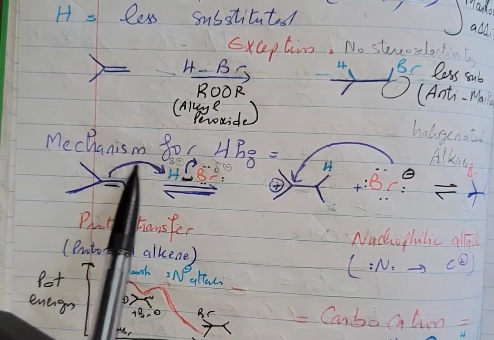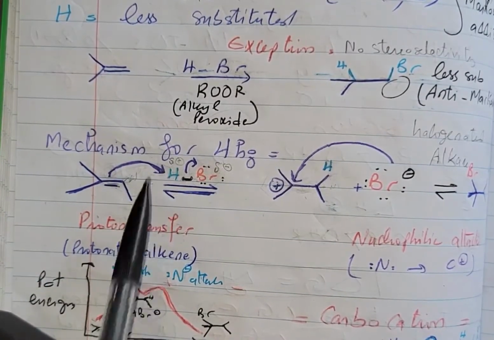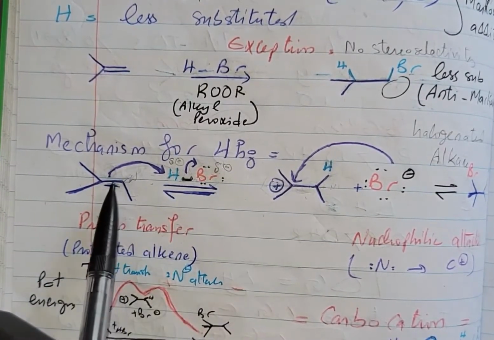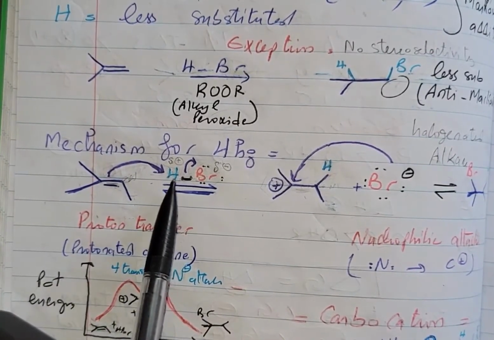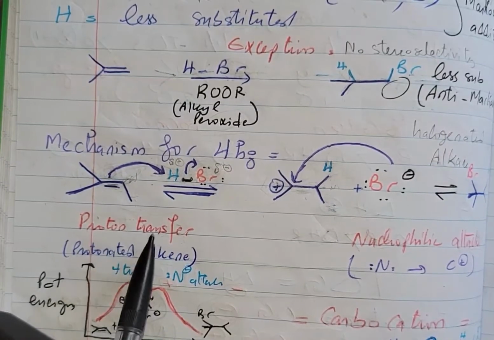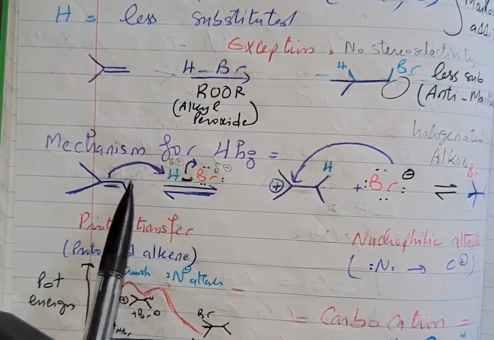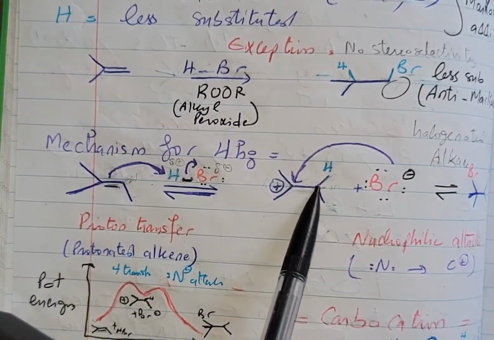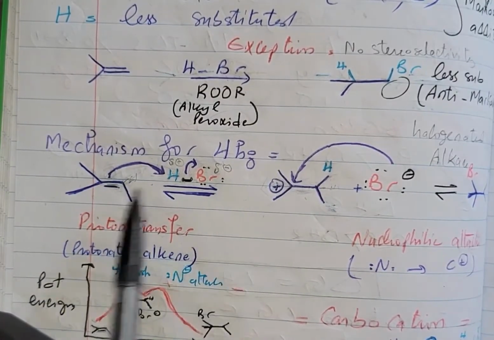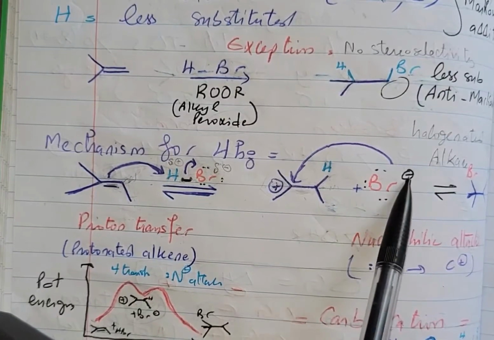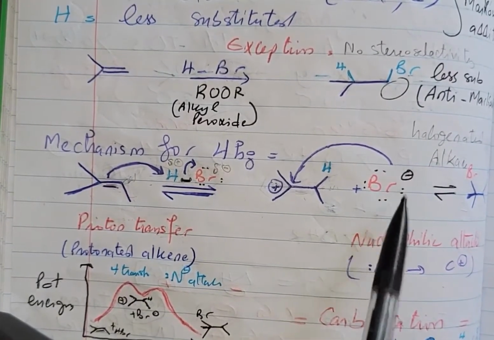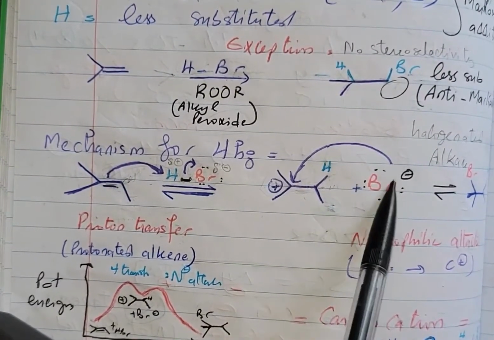It's going to grab the hydrogen, which is positive, from this bond here. We have a proton transfer. When it comes to grabbing hydrogen, it's a proton transfer. Here we have a hydrogen which is moving to this alkene, and bromine, which is electronegative, leaves alone.